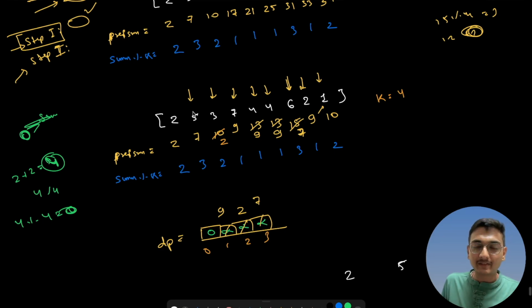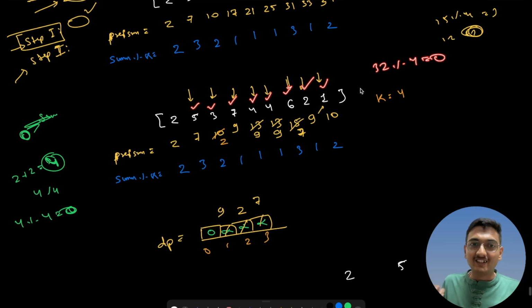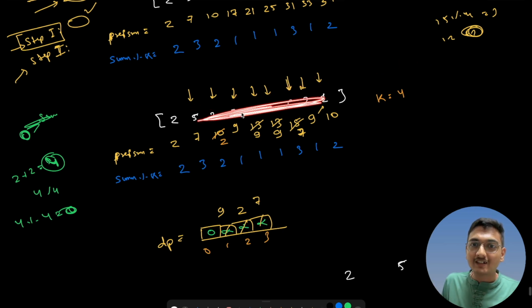How is this divisible? 5 plus 3 is 8, 8 plus 7 is 15, 15 plus 8 is 23, 23 plus 6 is 29, 31, 32, and 32 modulo 4 is definitely 0. That means I can definitely remove all this part, and I was getting 10, but previously I had stored 2 here. So I will directly make it 2 here.